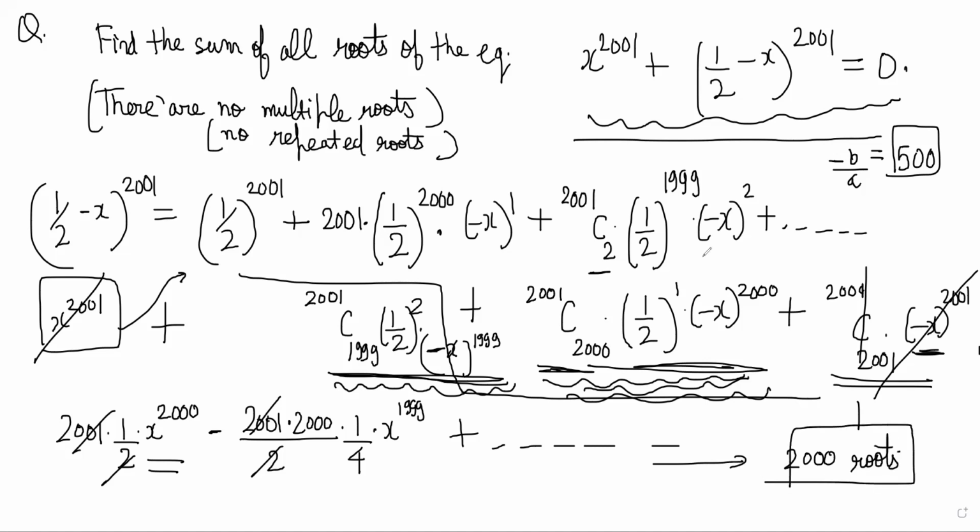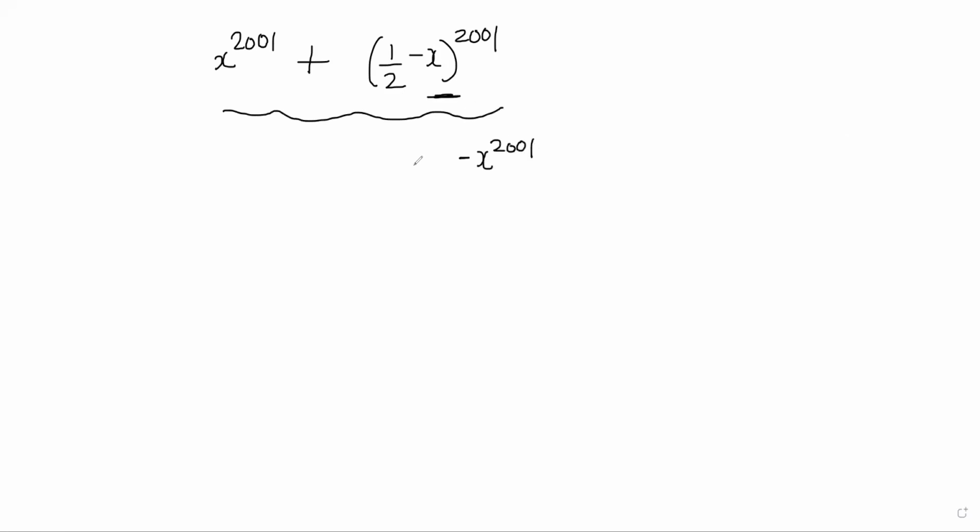You can figure out that, look at this, (1/2 - x)^2001, and this polynomial, you can immediately figure out that the highest power here will be minus x^2001 and some term with plus x^2000, and there is an x^2001 here which cancels this, so the highest power is coming 2000, right?